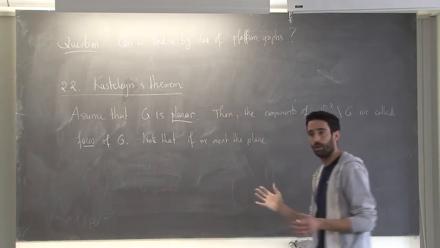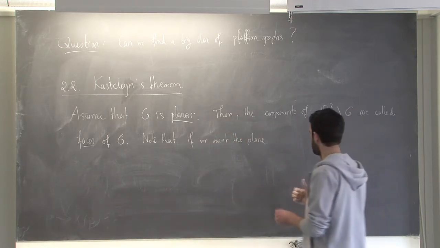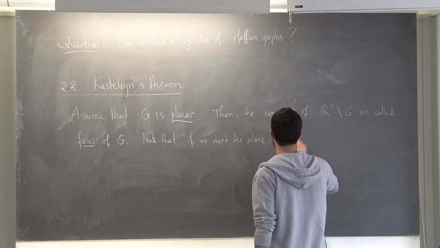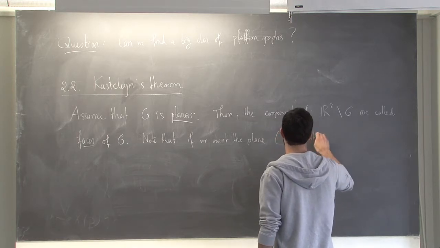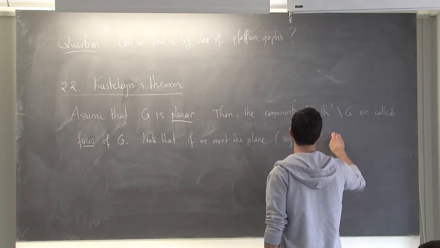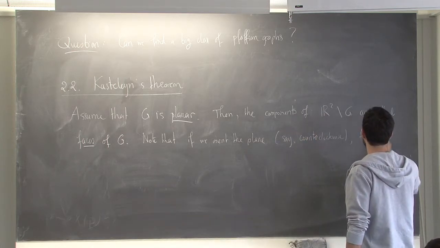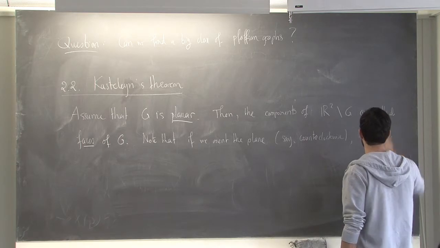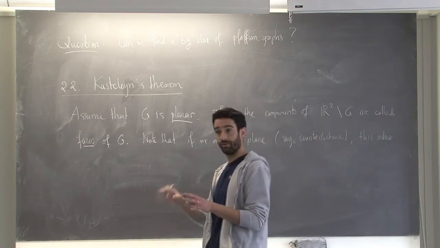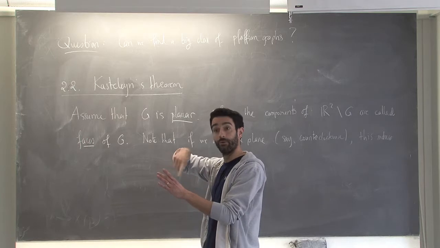Let's say we're going to picture this orientation as counterclockwise. This induces an orientation on each of the faces, and therefore an orientation on their boundaries as well.